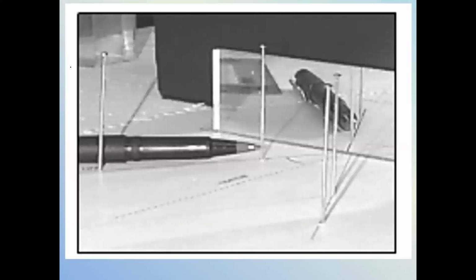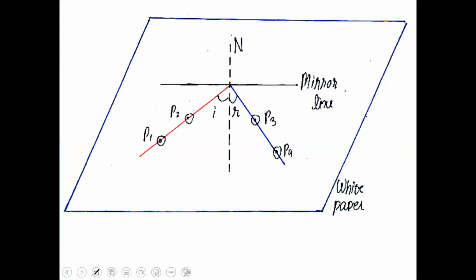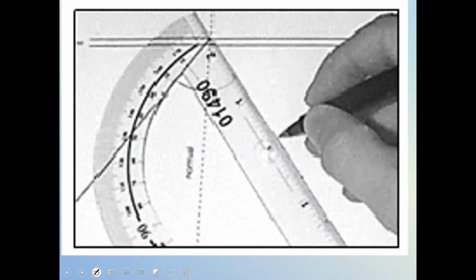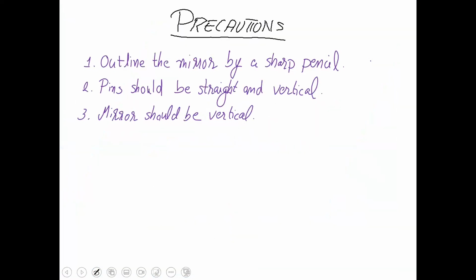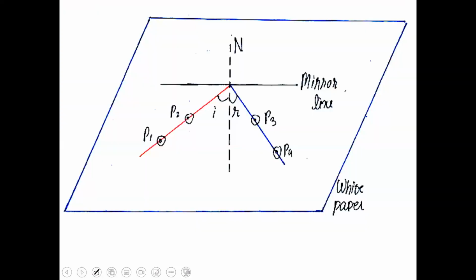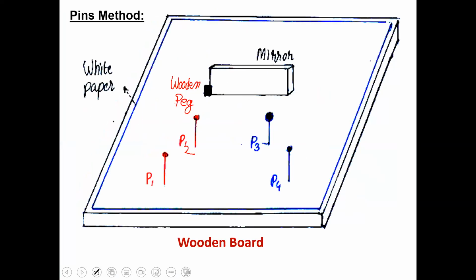Then looking in the mirror, this is the image. Looking in the mirror, we have to put 2 more pins, and then we remove the pins, join the dots, and we measure angle I and angle R. The two angles are always equal. So you have to copy this screen now.